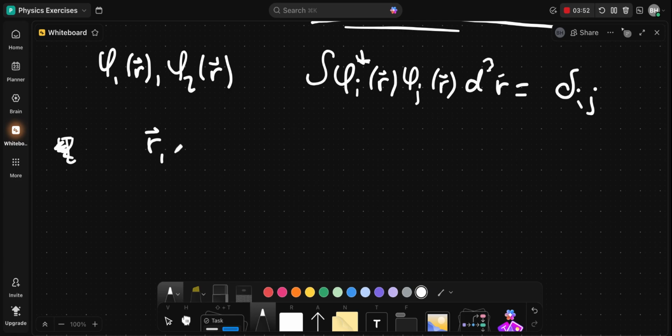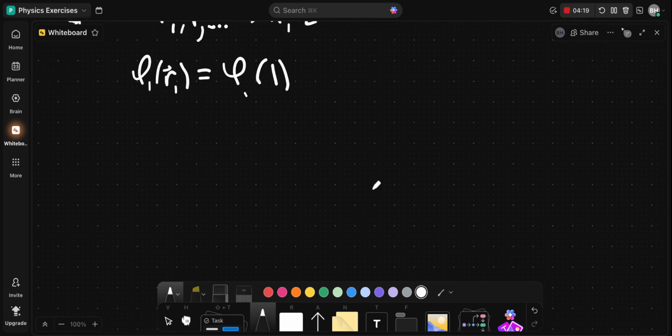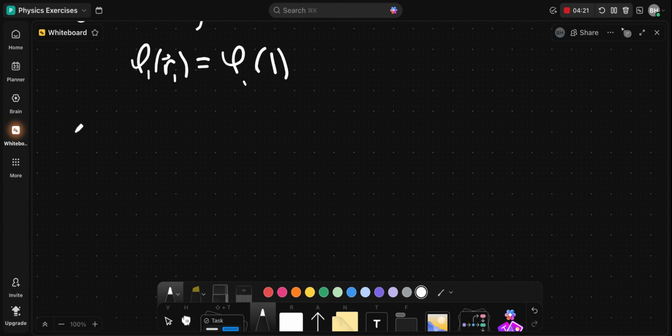I'm not going to write r1, r2, and so forth; I'm just going to write the numbers 1, 2 and so on. So for example, phi 1 of r1, I'm going to write as phi 1 of 1. This is a notational simplification which I lifted from a quantum chemistry book. So now I'm going to write psi of 1, 2, 3. It's much easier to write it this way.